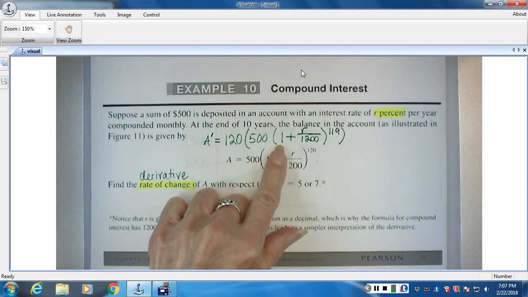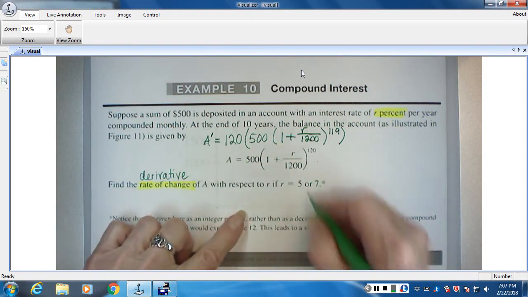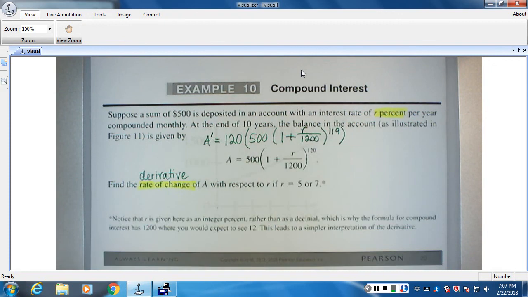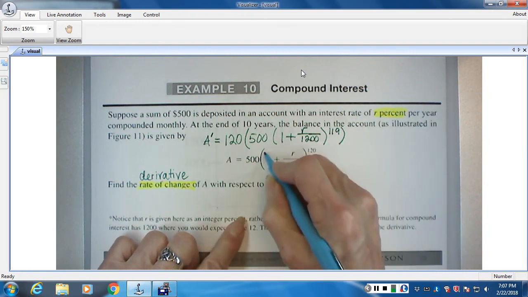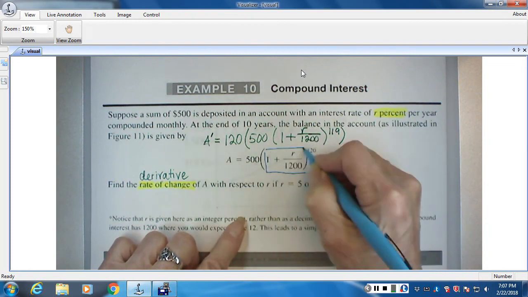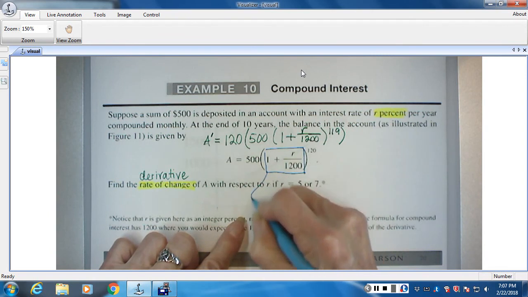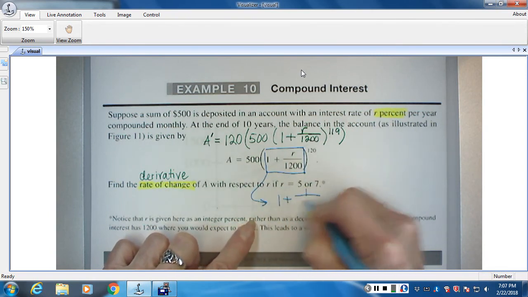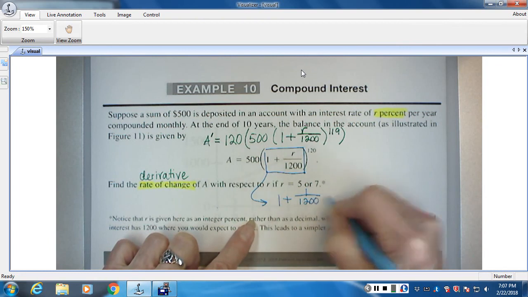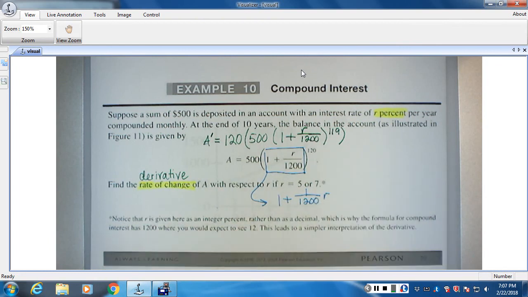And before I have you take that derivative, I'm going to rewrite the inside part of that to make it a little easier for you to see what the derivative is. So this expression is exactly the same as if I write 1 plus 1 over 1,200 times R. That way you realize 1 over 1,200 is just a number.